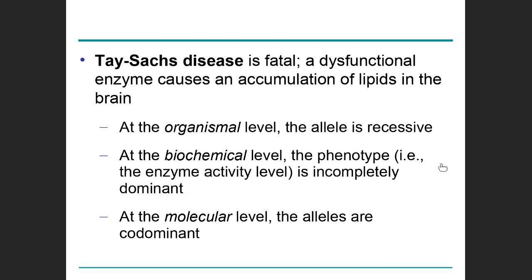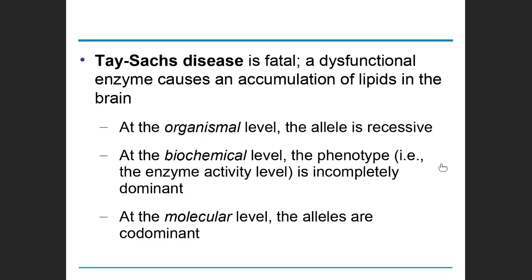So whether you talk about a characteristic as being dominant, incompletely dominant, or codominant, it may be beneficial to make it clear at what level you're discussing that dominance. Because in general, if you talk about an incomplete dominance situation, you're talking about the phenotype being intermediate. What we see is intermediate.